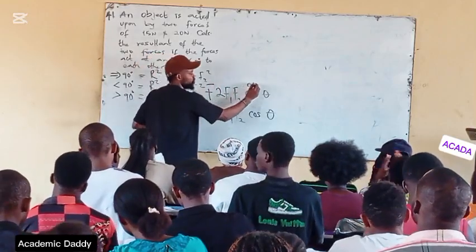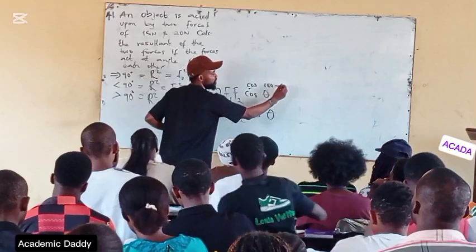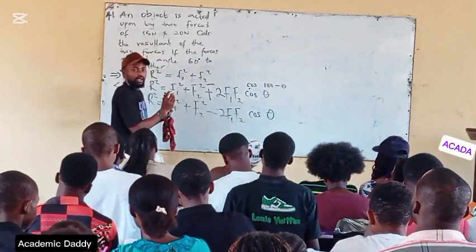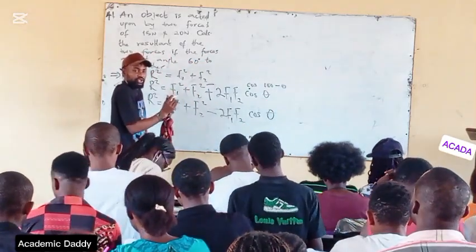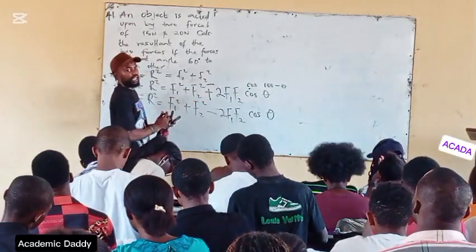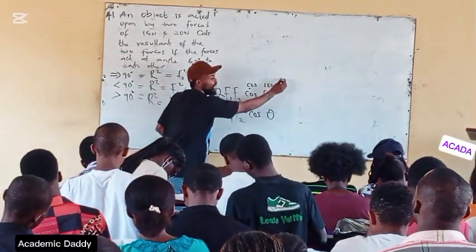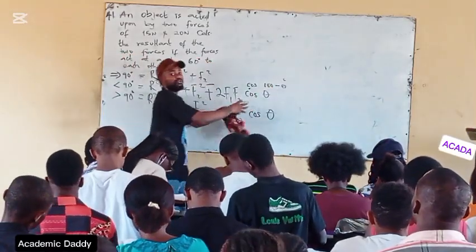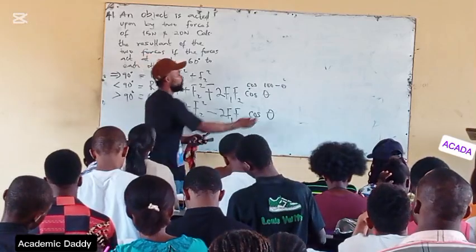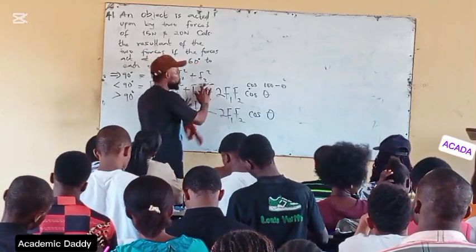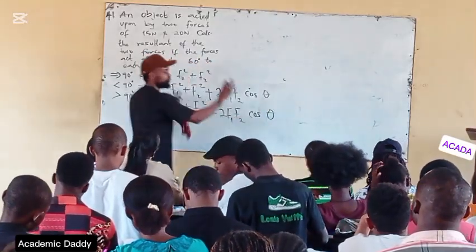This one could have been cos of 180 minus theta, because we know it's less than 90. By the time you subtract that angle that is less than 90, it will not give you a bigger angle, that will not give you minus, and the minus will cancel this. So simply maintain this formula for it.